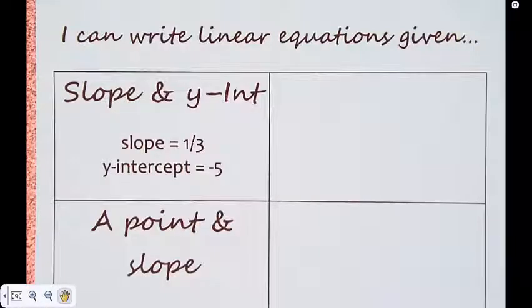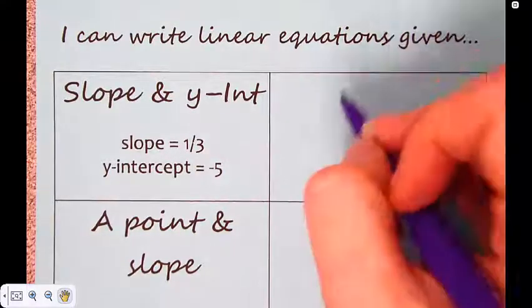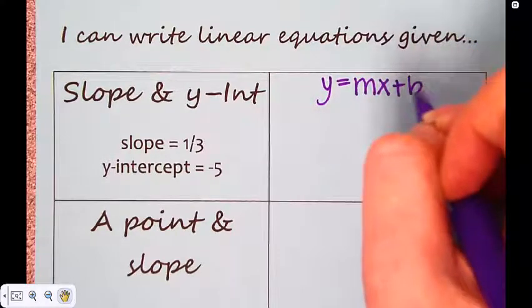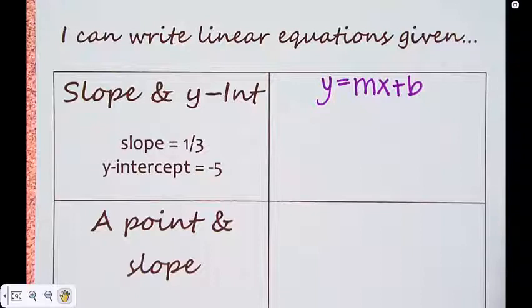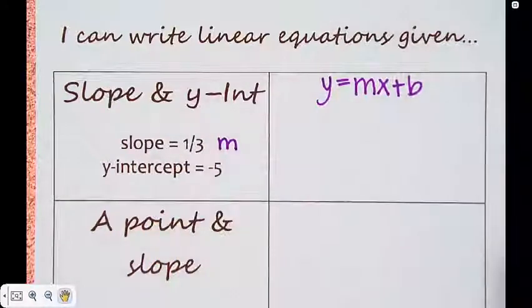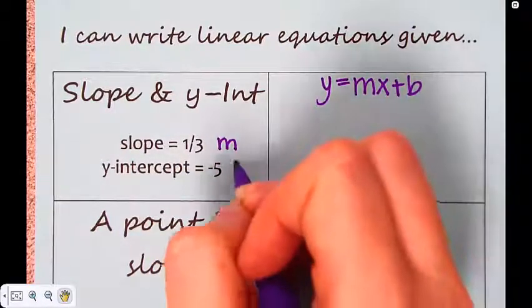To write an equation of a line, first we need to write down the equation form that we're looking for, slope-intercept form. We want to write our equation in the form y equals mx plus b. Remember, we already discussed this earlier this week, and our slope is known as our m, and our y-intercept is our b.